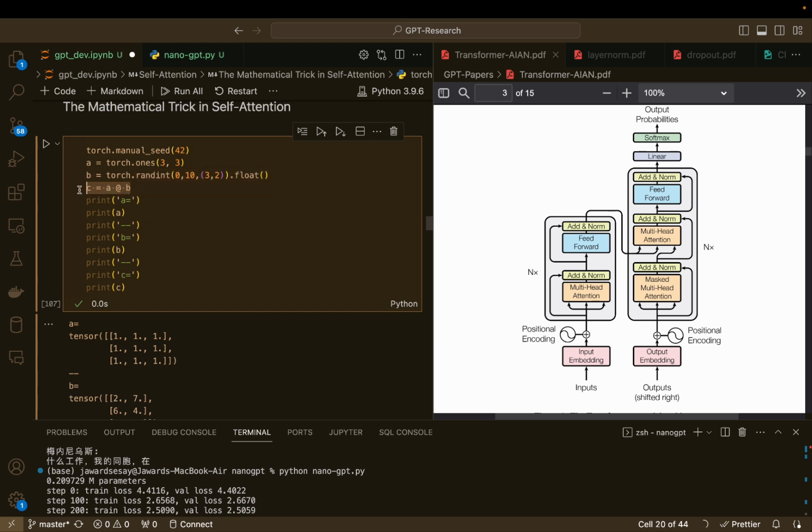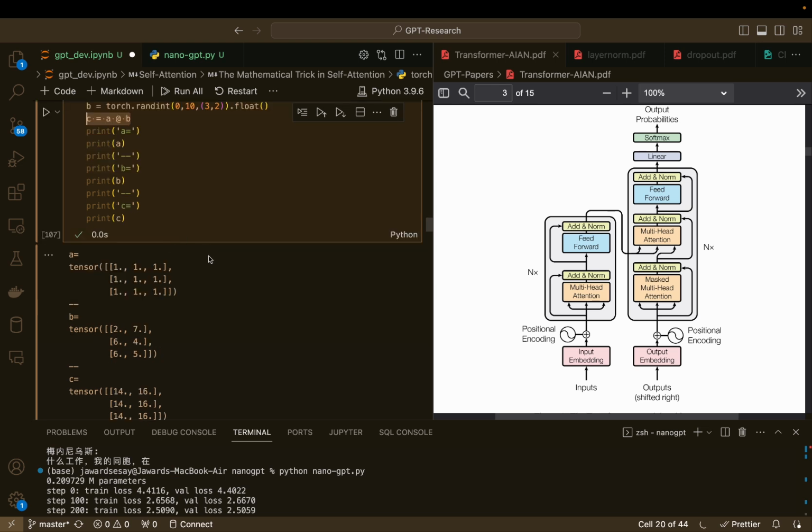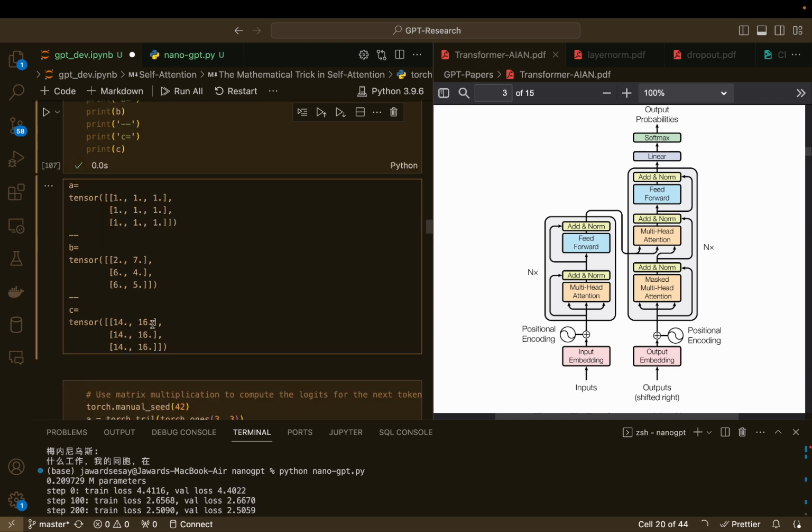So the output, of course, will be a 3 by 2 matrix from our matrix classes. Matrix A has values that are all ones, and matrix B has random values between 0 and 10. If we multiply these two matrices, we get these values.